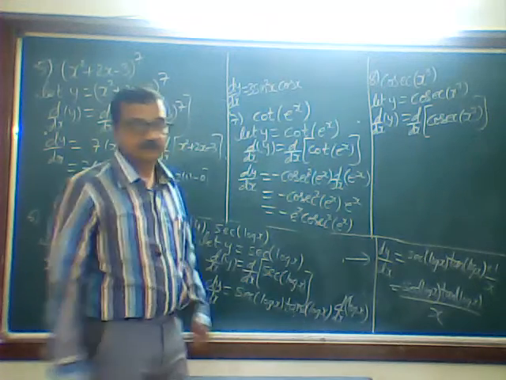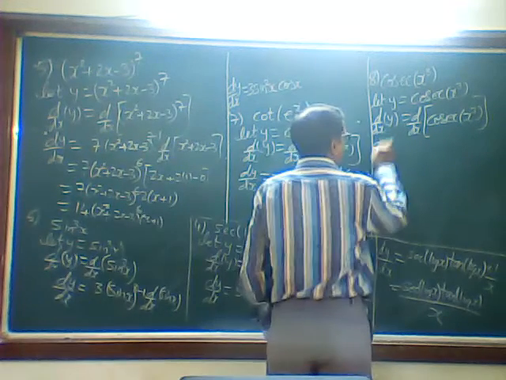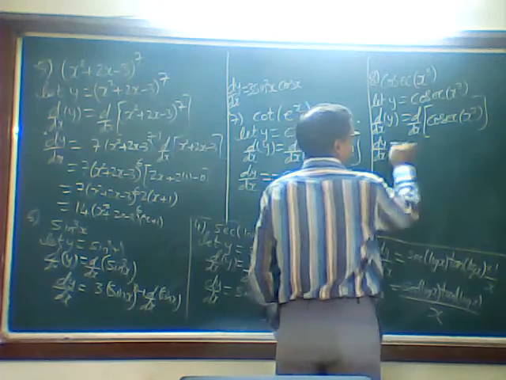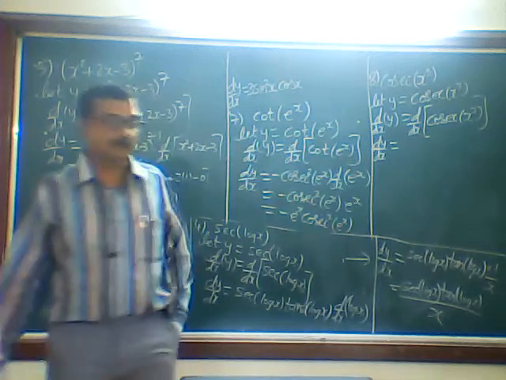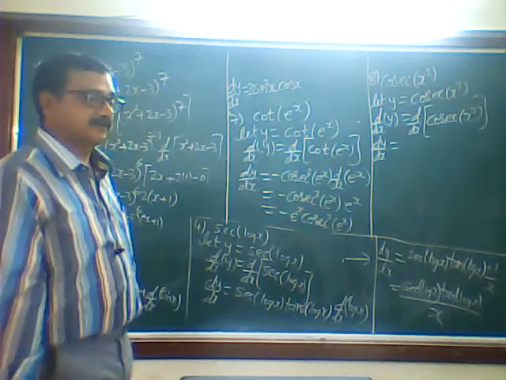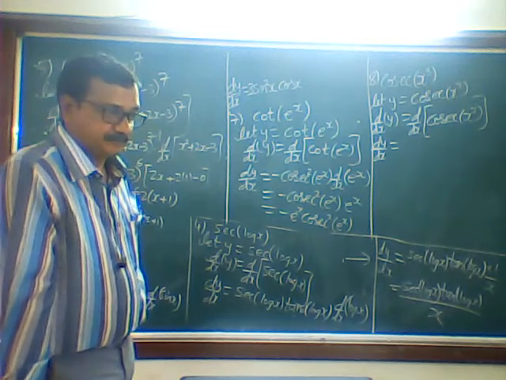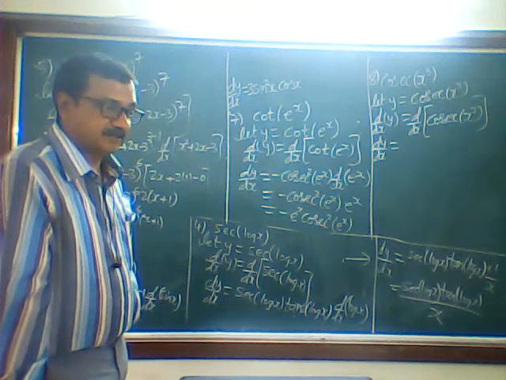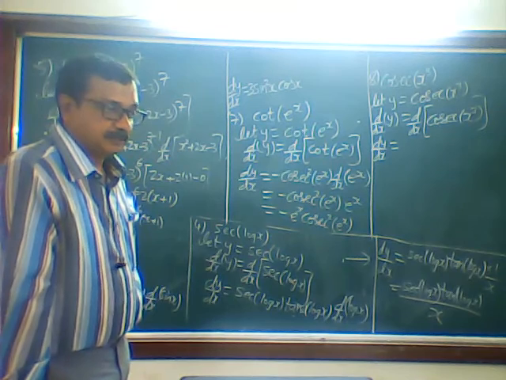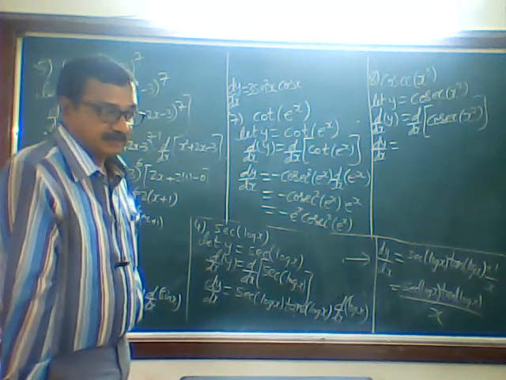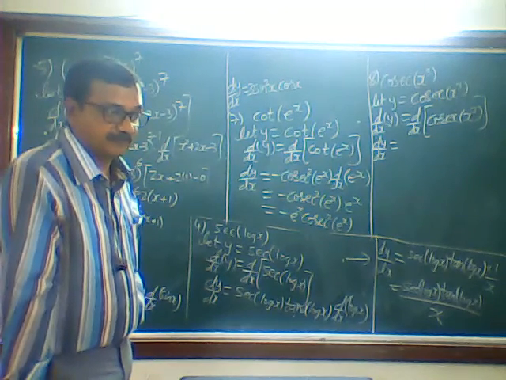Now again, dy by dx is equal to cosec of x cube, but in our formula it is cosec x. So time being, you assume x cube as x. D by dx of cosec x is what? Minus cosec x cot x.